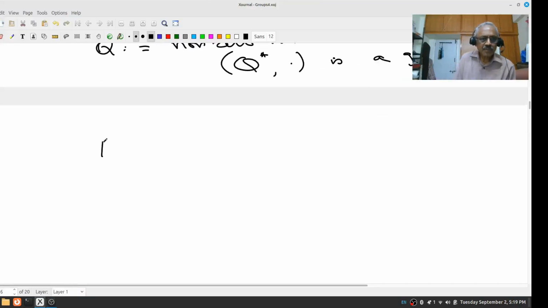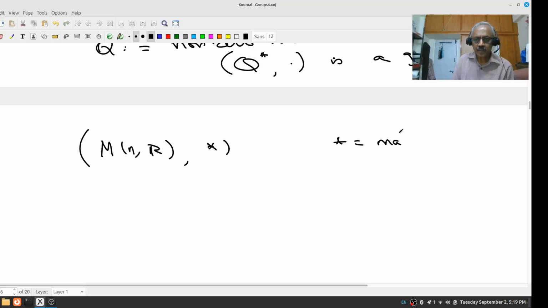Now let us look at all n by n square matrices with matrix multiplication. Star is matrix multiplication. So you know this matrix multiplication. This is a binary operation and it is associative. This you must have seen in your matrix algebra course.